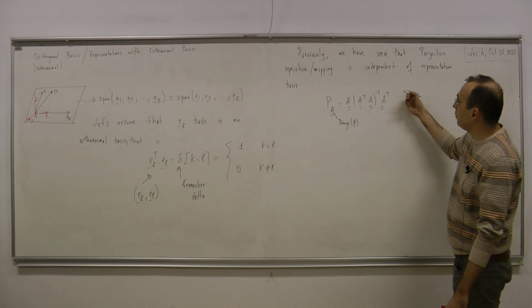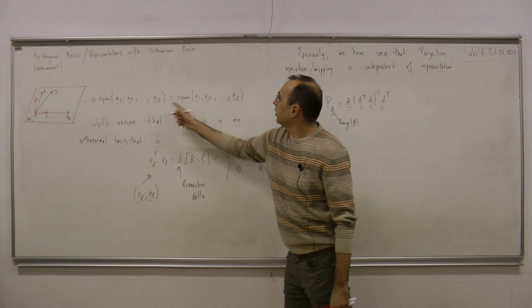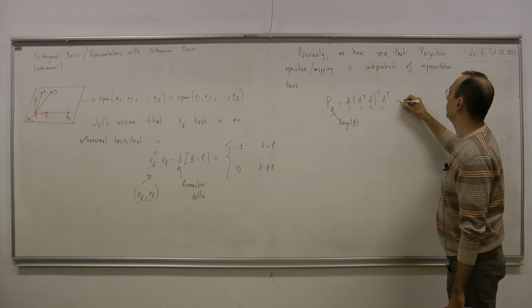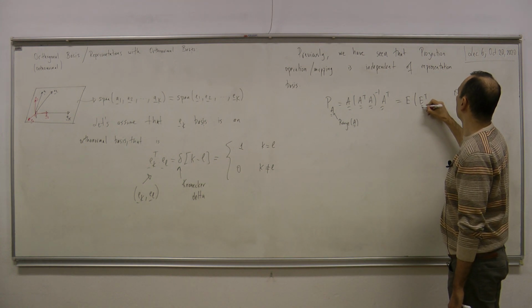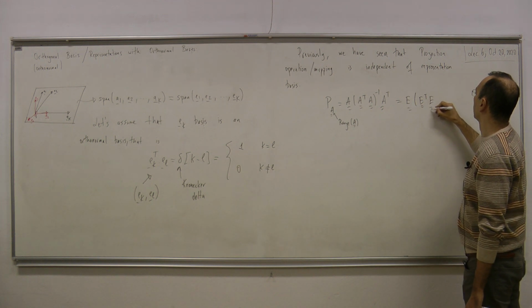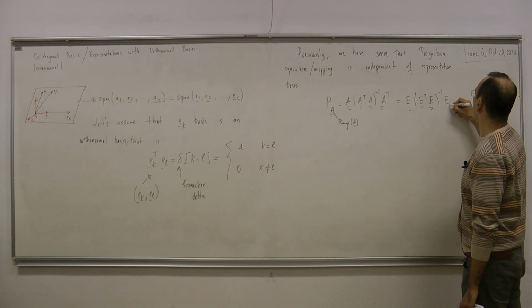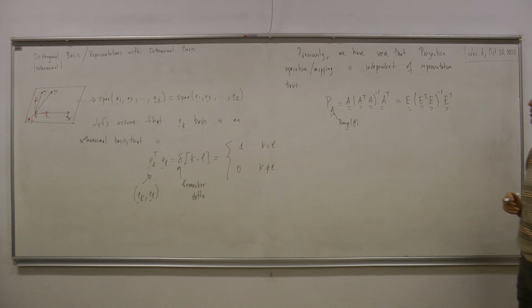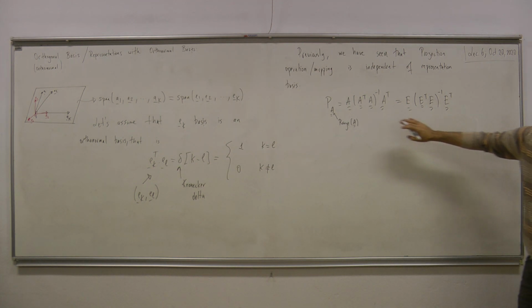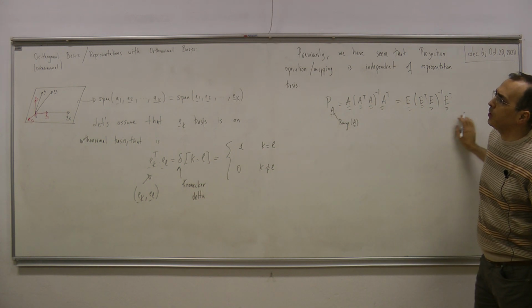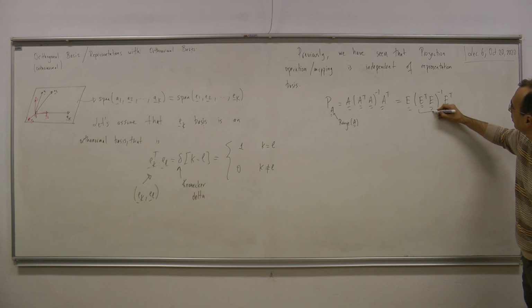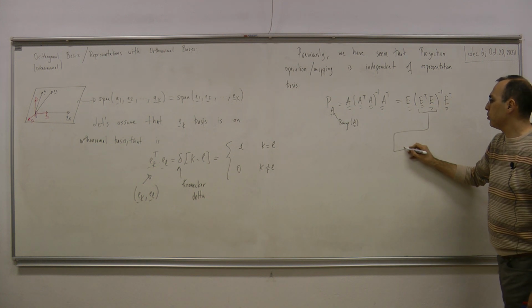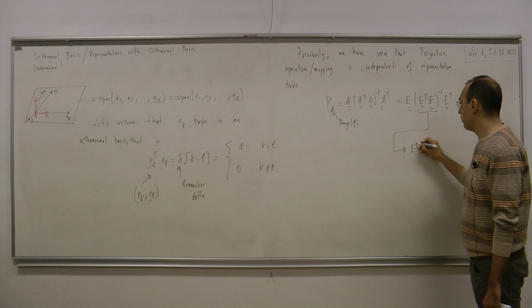So I can even write, if I wish, if there are two bases like that, I can write this one also in terms of the E basis. I have something like this. So you may say, okay, if it is indeed the same matrix, what is the advantage of one basis over the other one, isn't it? So the issue is this one. Again, previously we have said that this is the Gram matrix.